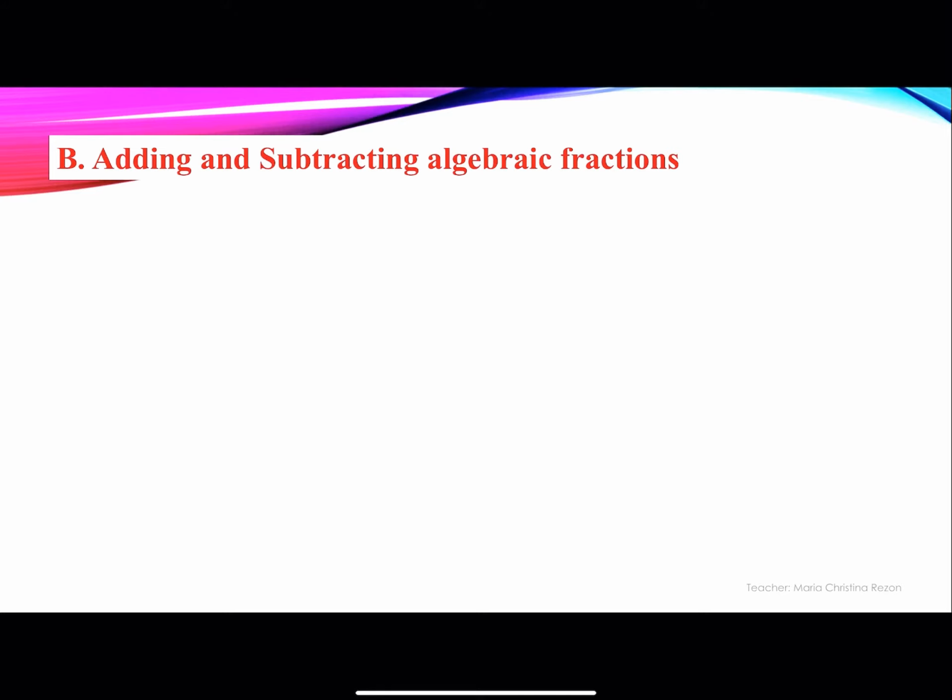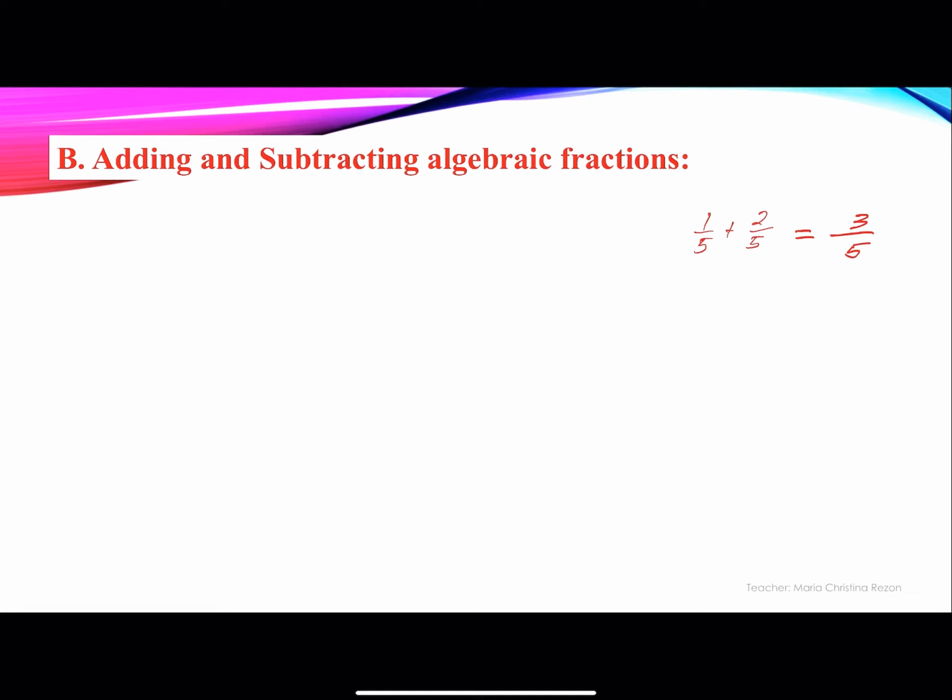Similar fractions first. So let's start with, say, 1/5 plus 2/5, okay? Since they have the same denominator, we will just add the numerators, so that is 3, and then copy the common denominator, which is 5.